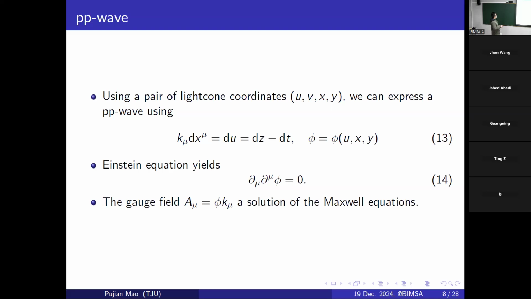And the Einstein equation for this ansatz is equivalent to the wave equation. Here the gauge field is trivial, it's only like 1, 0, 0, 0. But the non-trivial thing, the scalar field, satisfies the wave equation. Somehow it's a scalar particle propagating in the spacetime. This is equivalent to the pp-wave solution.